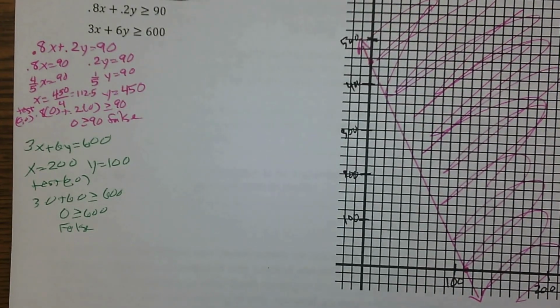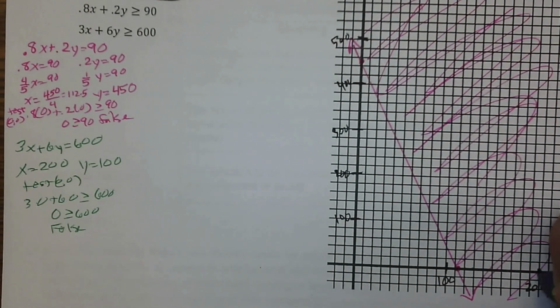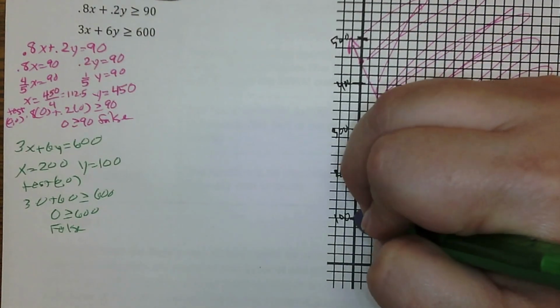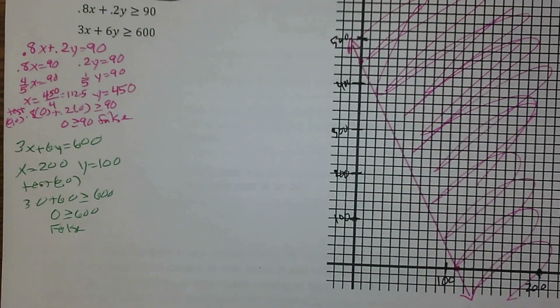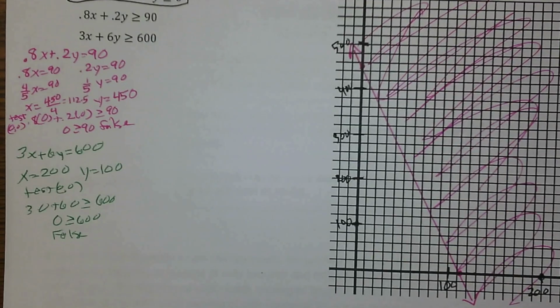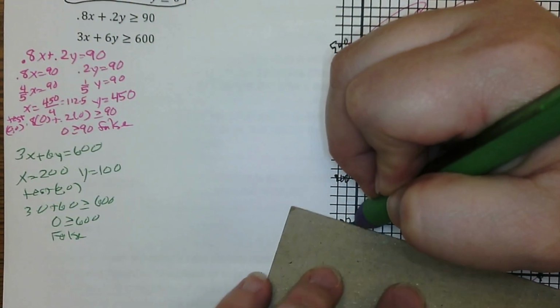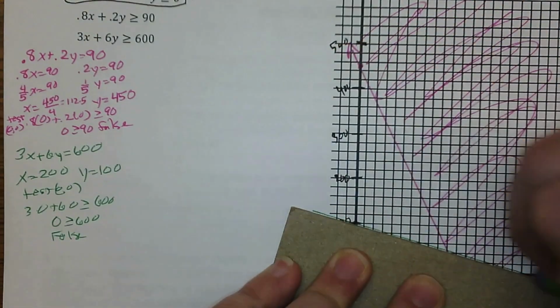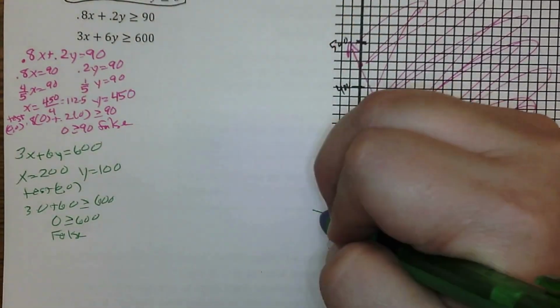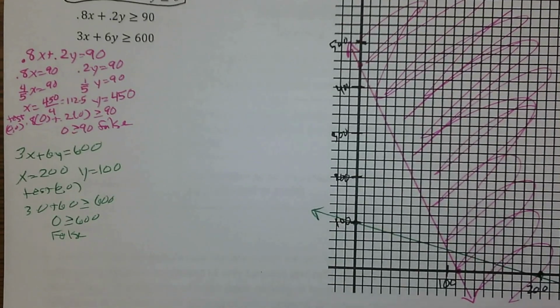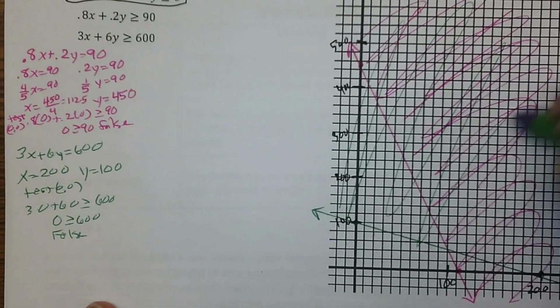Let's graph that real quick. X crosses at 200. Y crosses at 100. Okay, it's not very steep, but it's there. Y is at 100. X is at 200. I guess the scale I use helps it not appear to be very steep.